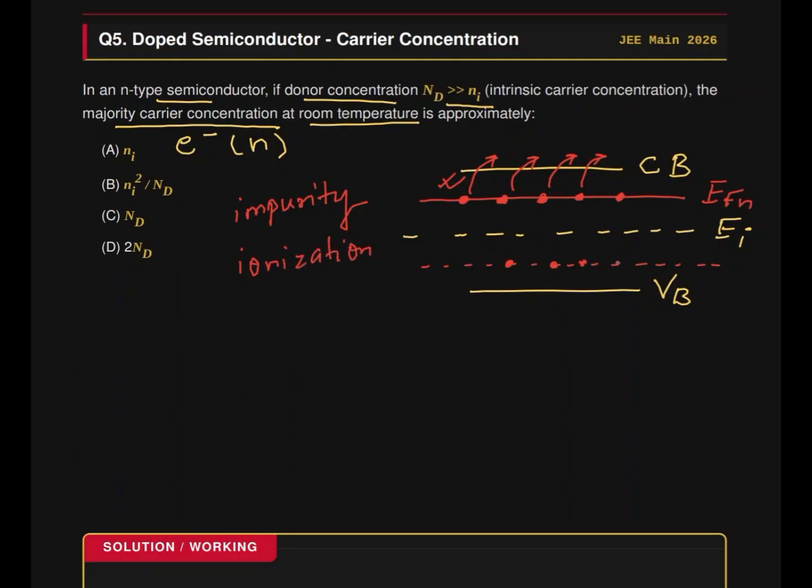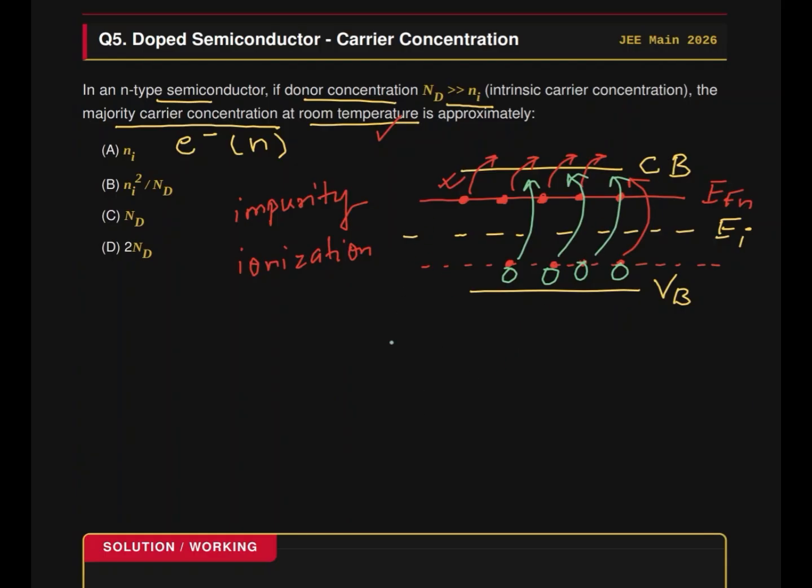And these guys below, they go at room temperature. Here it is actually room temperature, right? They go to the conduction band, but they leave a hole behind when they go to the conduction band.